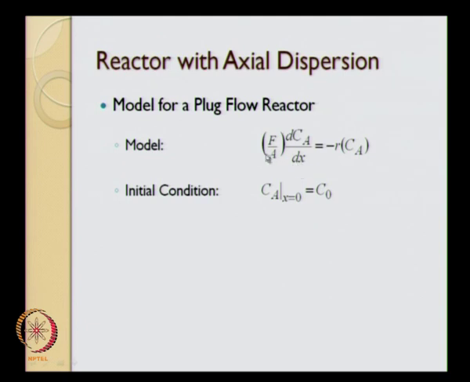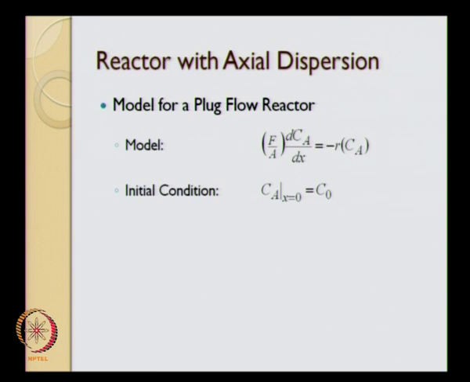So the model that we had in the previous module was F by A multiplied by dCA by dx equal to some rate of reaction R. And we needed only one condition in order to solve this problem, and that was an initial condition. The concentration of the species A was specified at the inlet of the reactor. So Ca at x equal to 0 was specified to be equal to C0. That was the initial value problem. Now this particular model ignores the possibility of axial diffusion or axial dispersion.